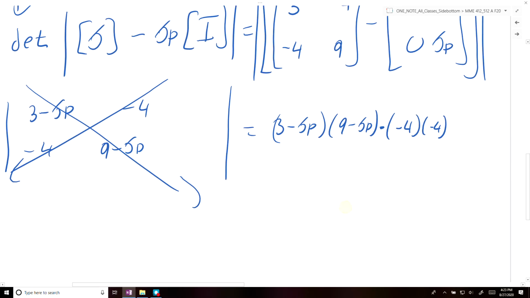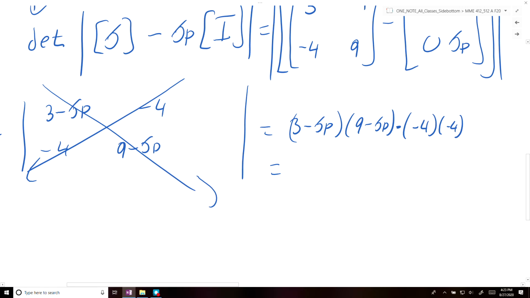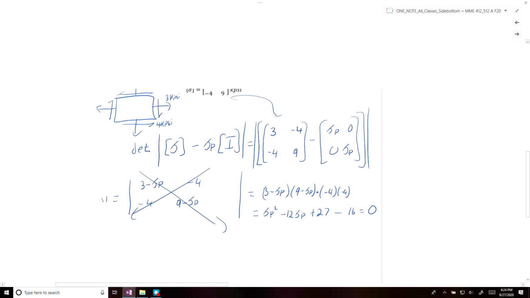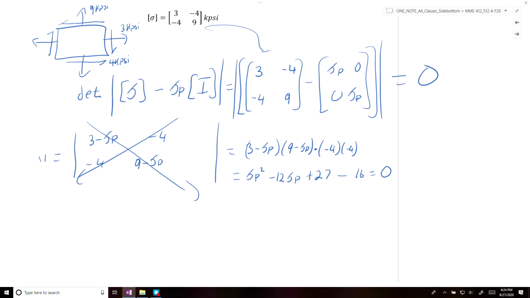If we do all that, we get sigma p squared minus 12 sigma p plus 27 minus 16, and we can set that equal to 0.